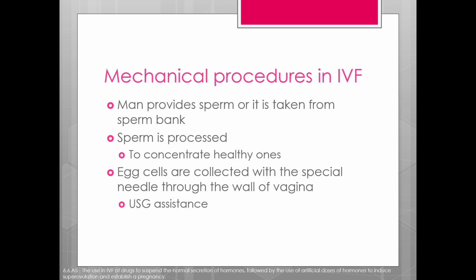At the same time, men should provide sperm cells. If it is impossible, because infertility is mostly on the male part, then cells can be taken from a sperm bank. And now another thing which is quite often not known: sperm cells are not active before they go through the female reproductive tract.